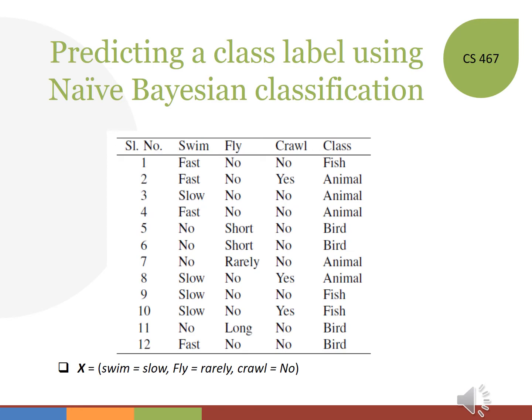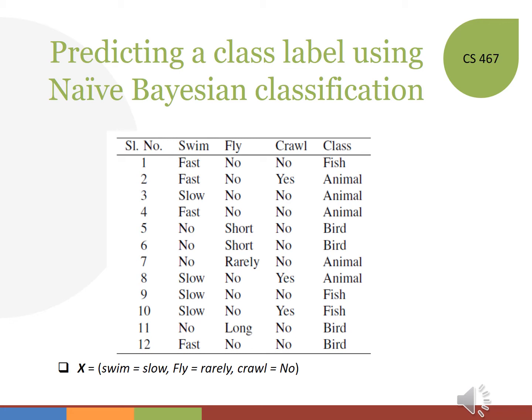Now we will see the working of a Naive Bayes classifier. Consider a training data set consisting of the fauna of the world. Each unit has three features named swim, fly, and crawl.